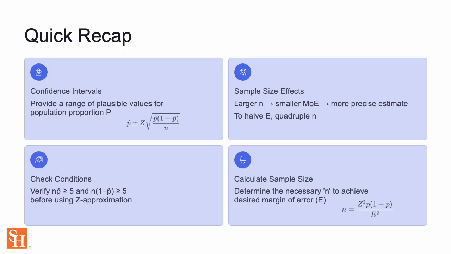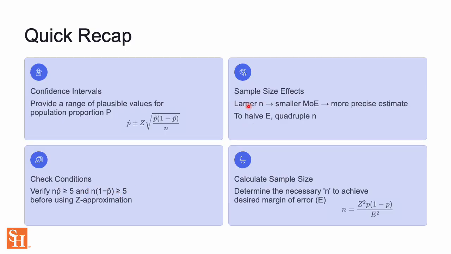So to summarize what we have learned today, we have learned how we can calculate the confidence interval for a proportion, and this is the formula that we use. To use this formula, the condition that has to be satisfied is that n times p has to be at least 5, and n times q also has to be at least 5, right?